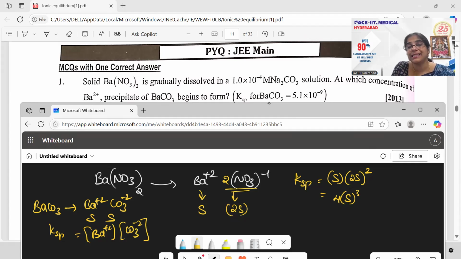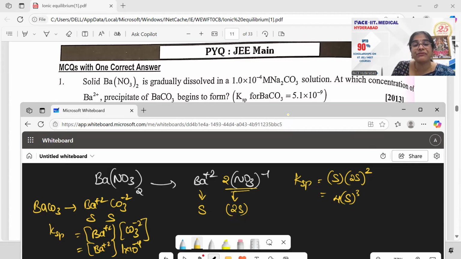And here I can see in the question that from Na2CO3, the carbonate ion concentration I am going to get as 1 into 10 to the power minus 4. I have written that. And this is what I know about barium plus 2, I do not know.